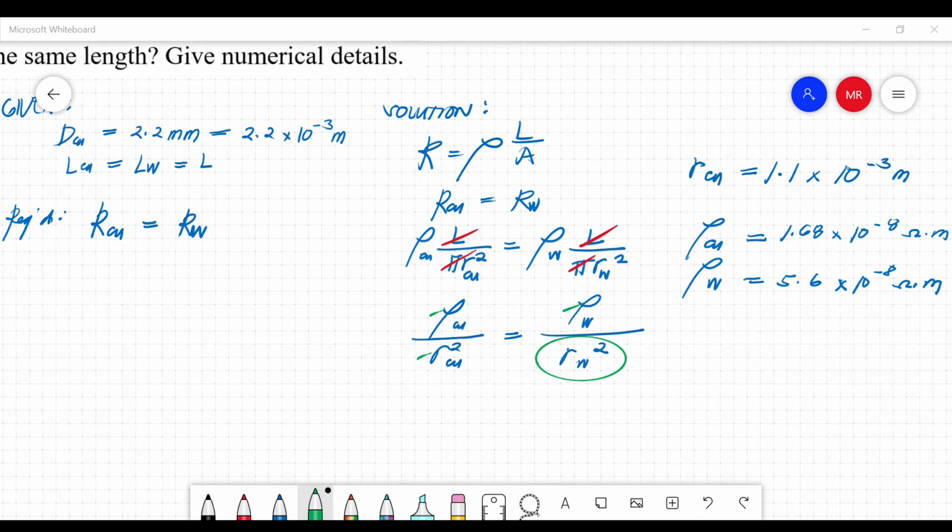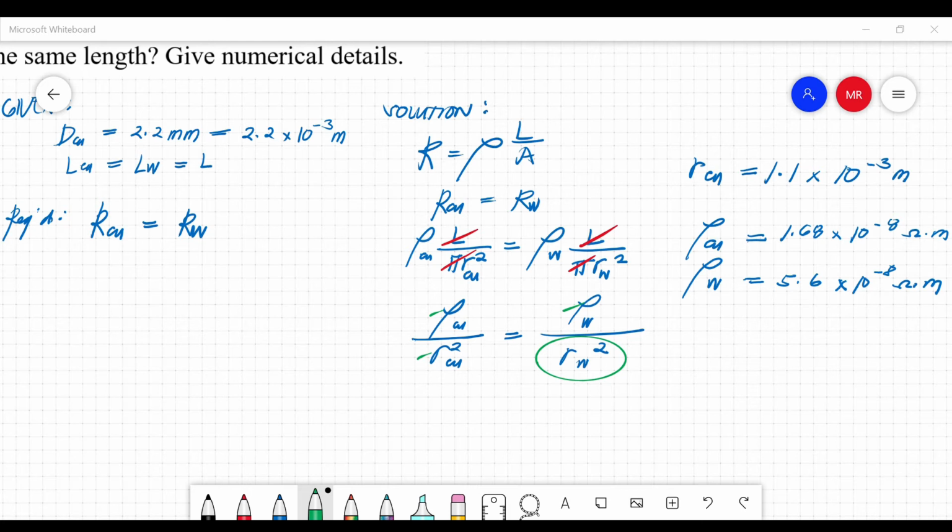So on the left side of the equation will be the resistivity of the copper equal to 1.68 exponent negative 8 over r squared. The radius would be 1.1 exponent negative 3 squared.